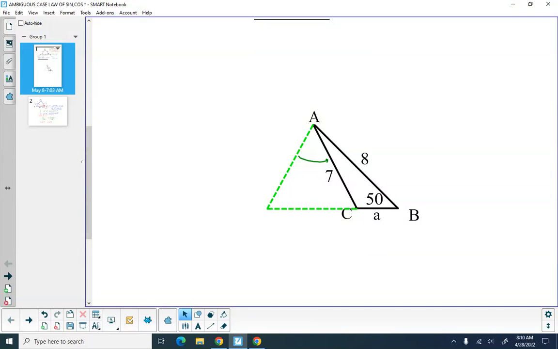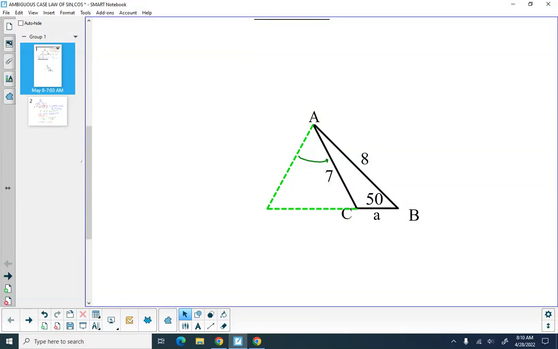This length is still 8. I didn't do anything with the length of that side. This measure of angle B is still 50 degrees. This measure here is the same as this measure here. It's just an isosceles triangle. What I have is a second scenario with respect to my triangle. That is a true scenario.